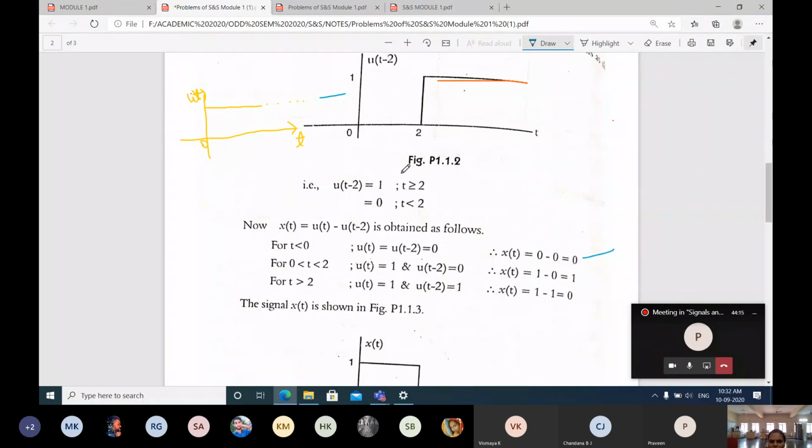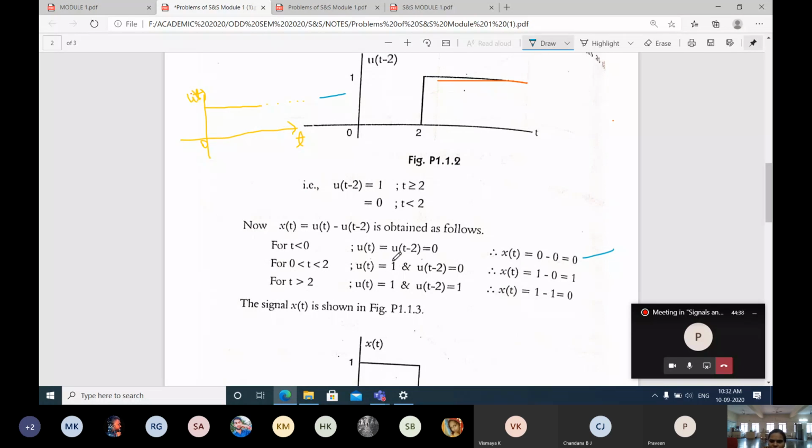Next, in between, from 0 to 2. In between 0 to 2, u of t is what? From 0 to infinity it is always 1.